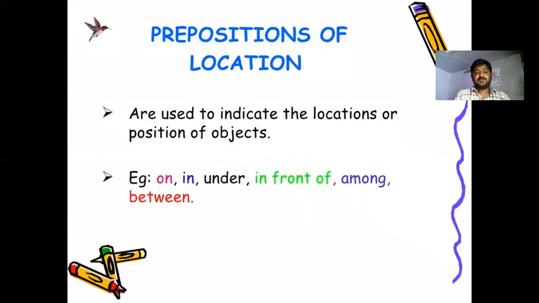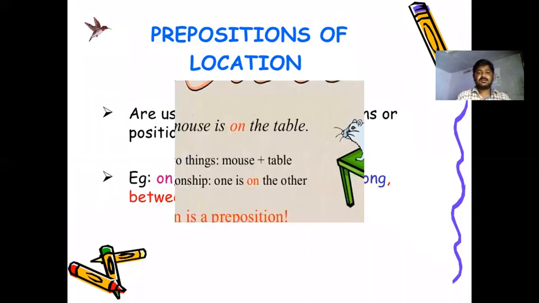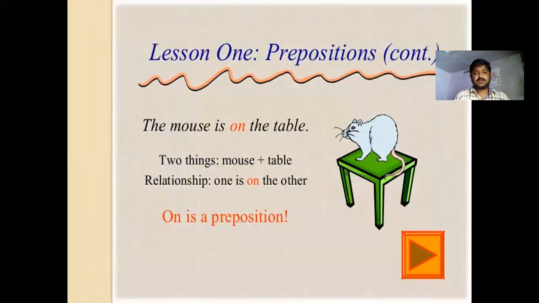Next, prepositions of location are used to locate the position of an object: on, in, under, in front of, among, between. These are the words of location.